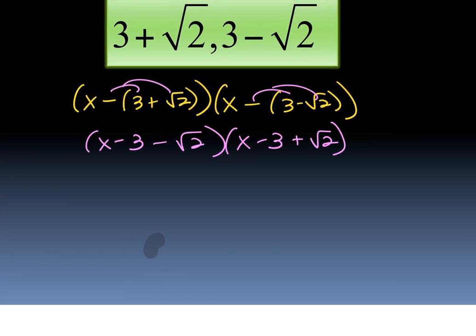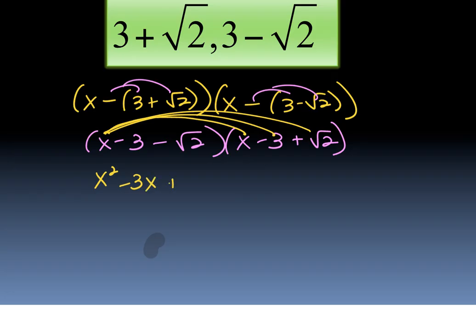And then first term times all three things. So x times x is x squared. X times negative 3 is negative 3x. X times a positive root 2 is positive root 2x. Then I go to the second term. Negative 3 gets multiplied times all three.